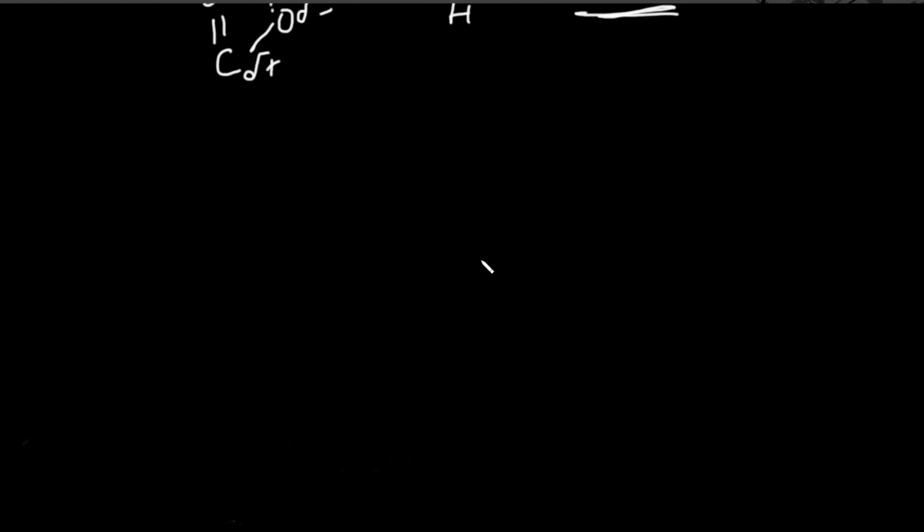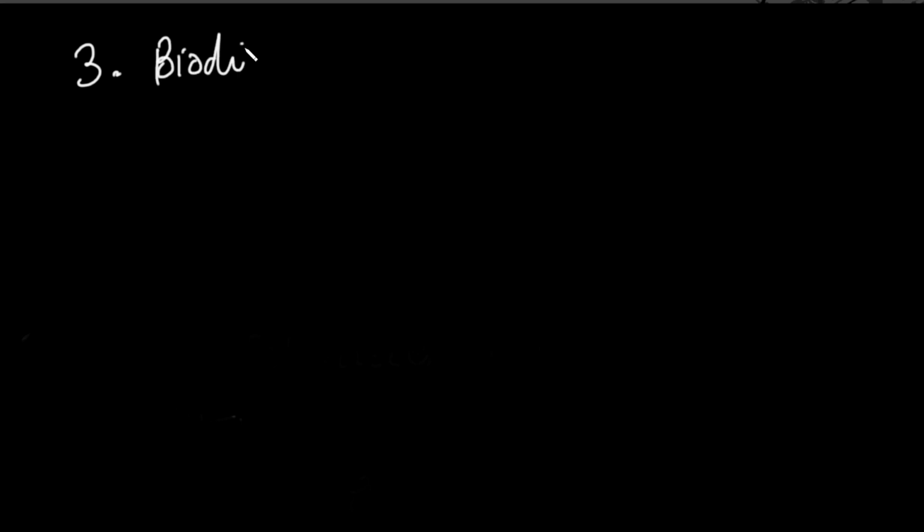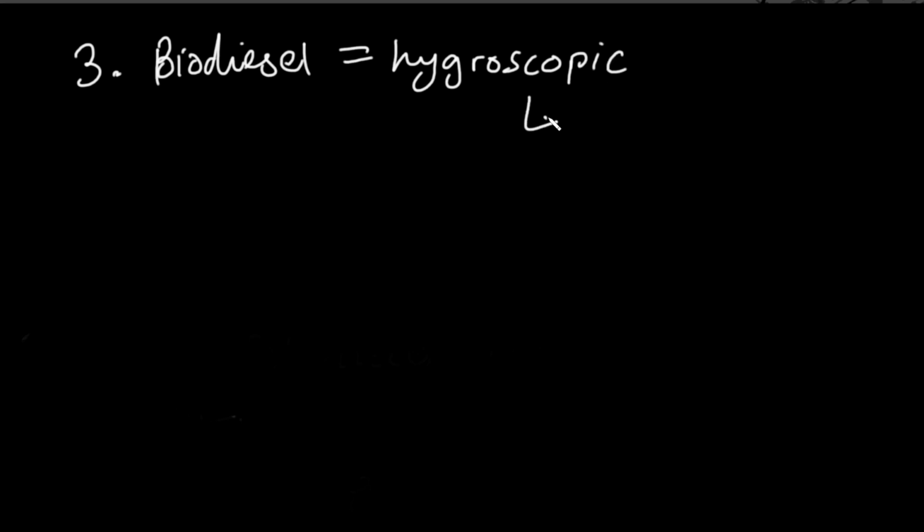Now, moving on as well, this ester group linkage that we talk about with biodiesel also means that biodiesel is hygroscopic. Now, what hygroscopic means essentially is it attracts or absorbs water.